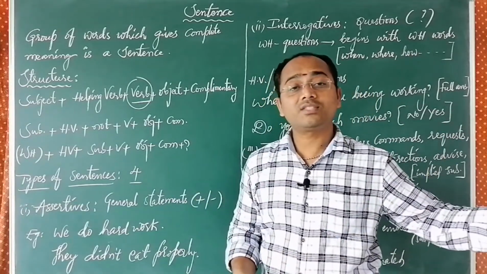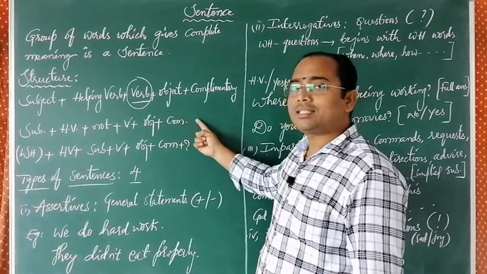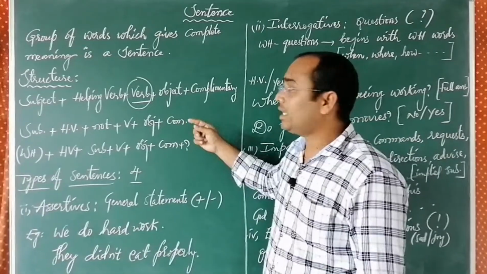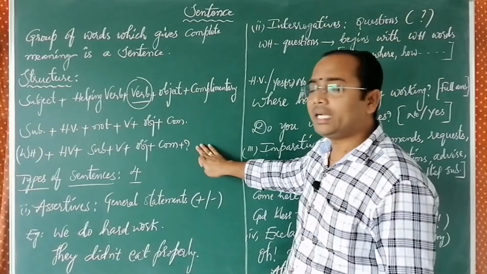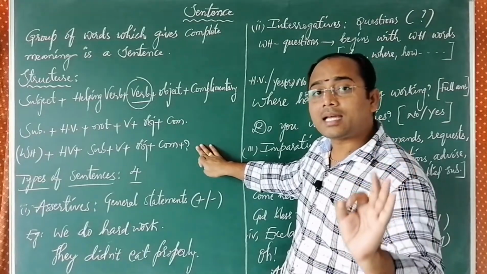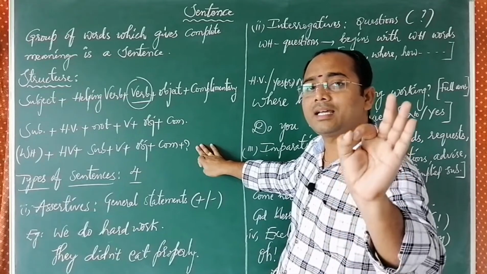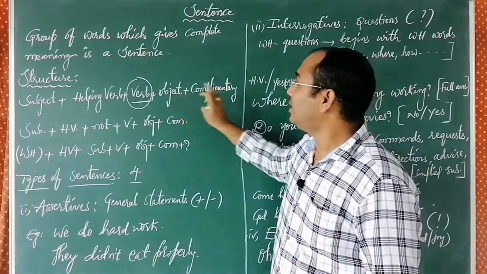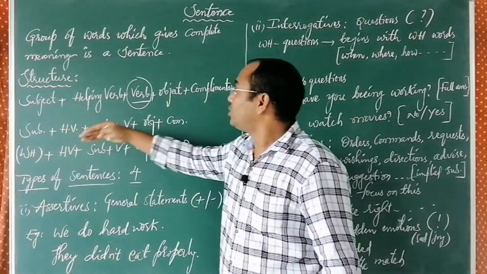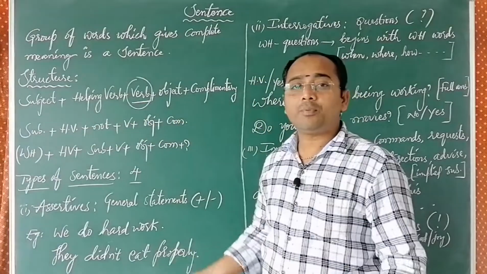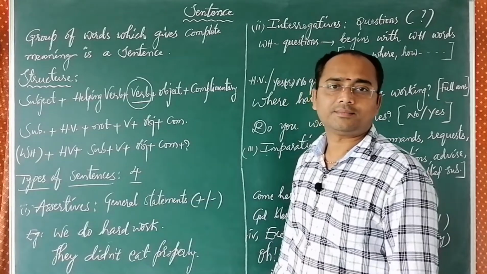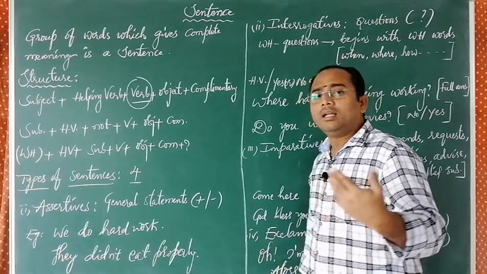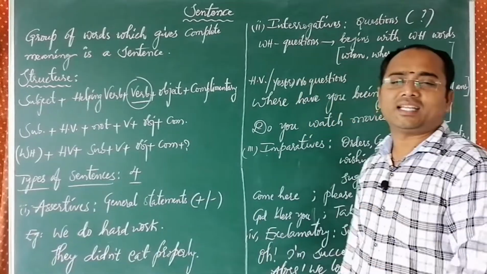If you watch all the previous videos, then you can understand this very clearly. So positive structure, negative structure and interrogative structure: this is the standard fundamental basic sentence structure. As I mentioned, sometimes subject or object or complementary may not be possible, but without verb there is no possibility of sentence. Okay, fine.